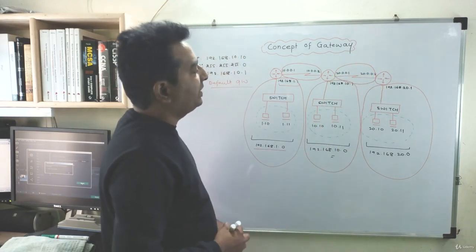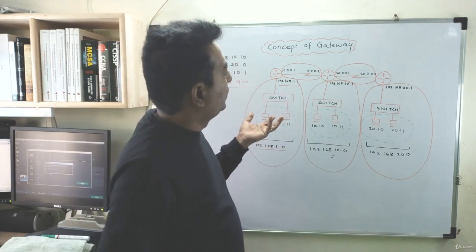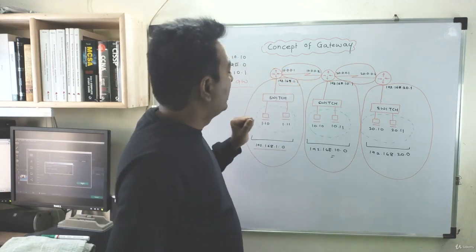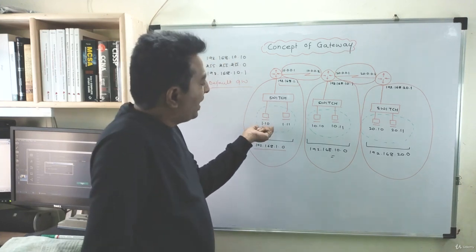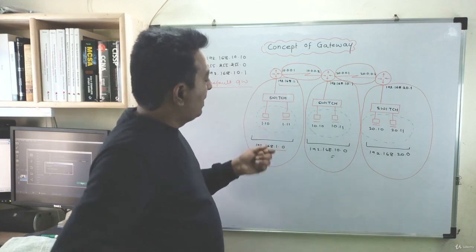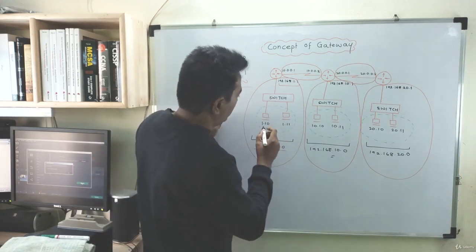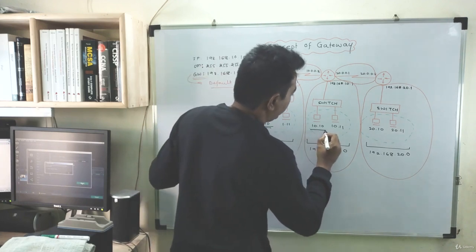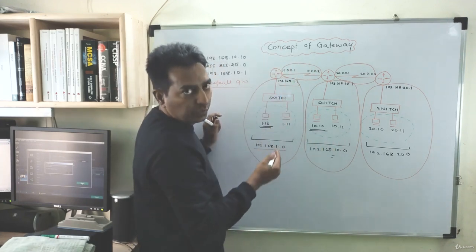So friends, one thing you need to understand is why a request goes to a gateway. To understand this concept, consider I have a computer 10.0.1.10, and now this computer wants to talk to this computer which is on the other side of the router.